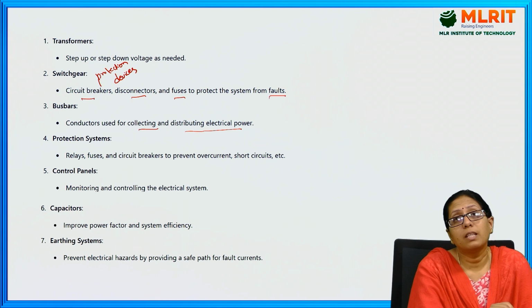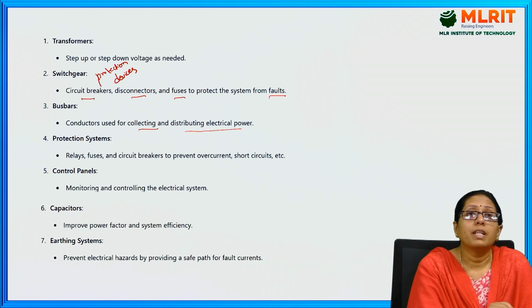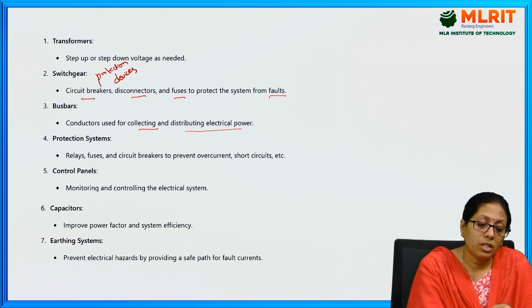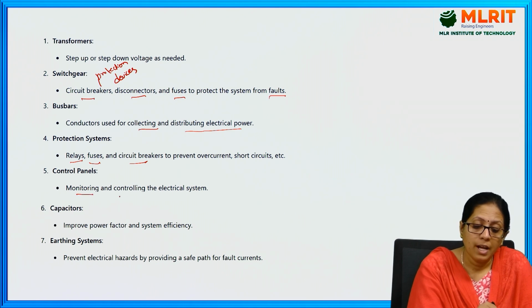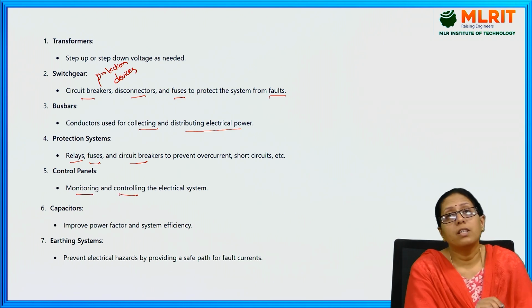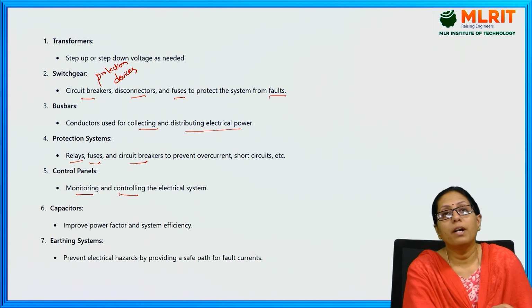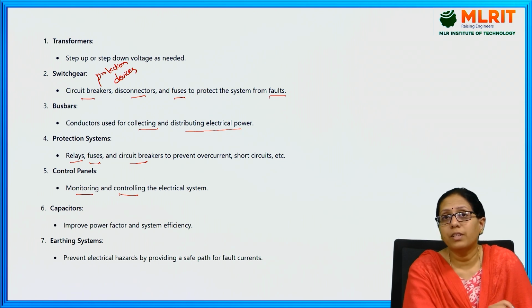Bus bars are nothing but the conductors which are used for collecting as well as distributing electrical power. Fourth one is protection systems, like relays, fuses, circuit breakers. Fifth one is control panels, which are used for monitoring as well as controlling the electrical system.